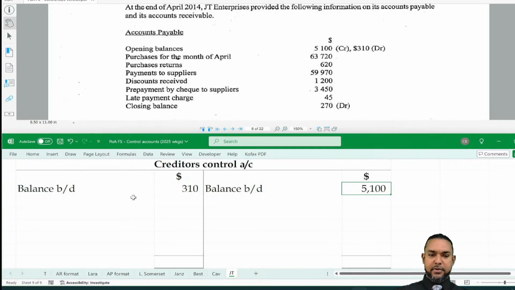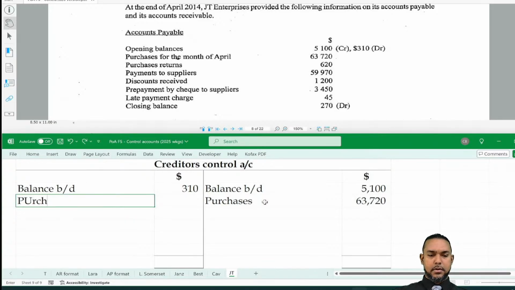Purchases for the month of April, 720. Purchases returns, I did 620.